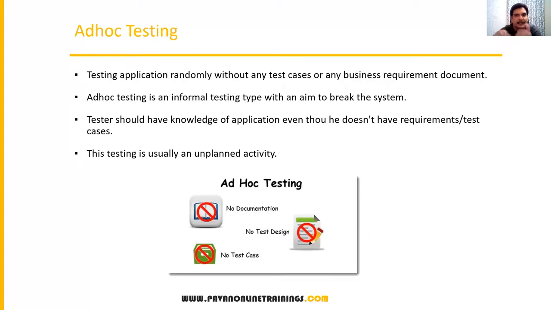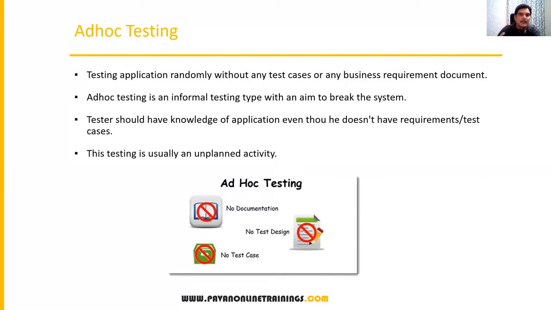Ad hoc is nothing but randomly testing the functionalities without knowing the functionality. Based upon your previous experience, you can assume the functionality. Login should be there, you know how it should work. Logout link is there, you know how it should work. Gmail inbox is there, you know how it should work. To test these things, you don't need any documentation. So randomly you can test the features, which is called ad hoc testing.